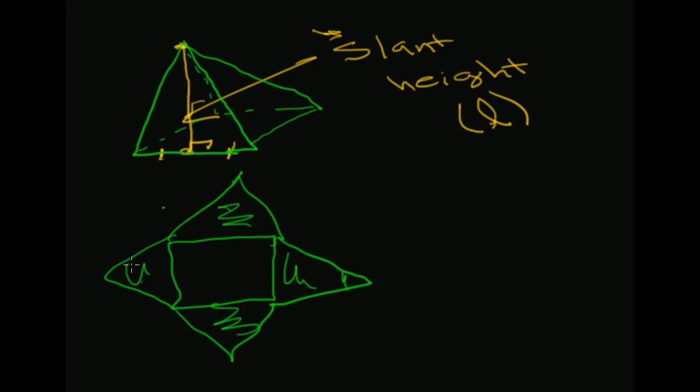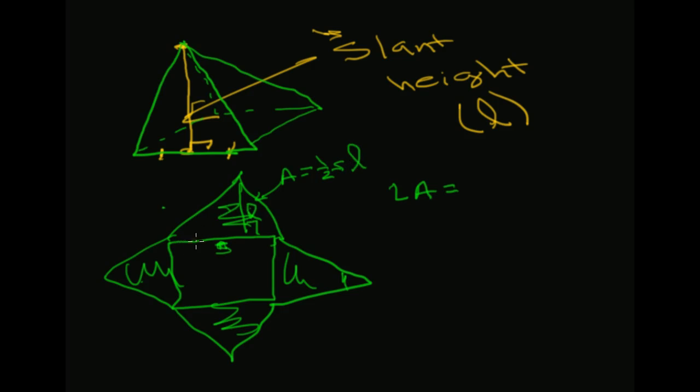These four triangles would make up the lateral area. Each of these triangles has a width of the side of the base, right? So we'll just call that S, and then the slant height is the height of the triangle. So the area of that triangle is 1/2 the length of the side of the base times the slant height.